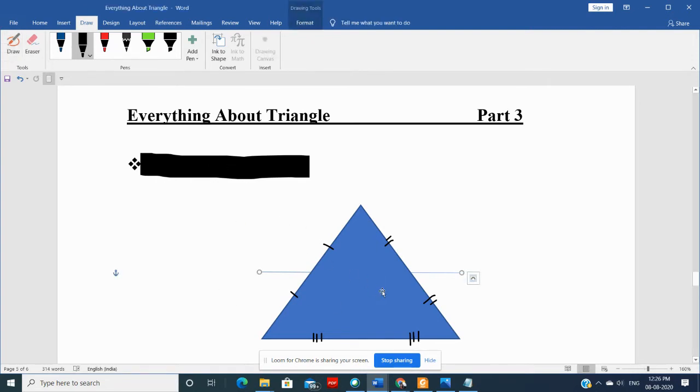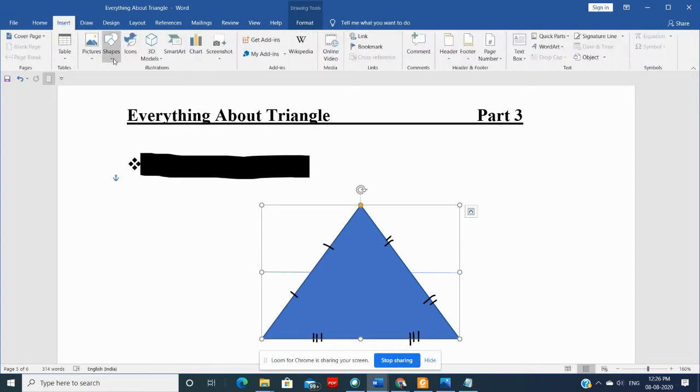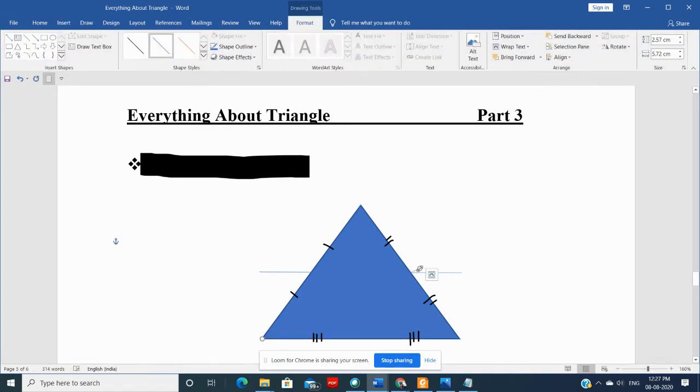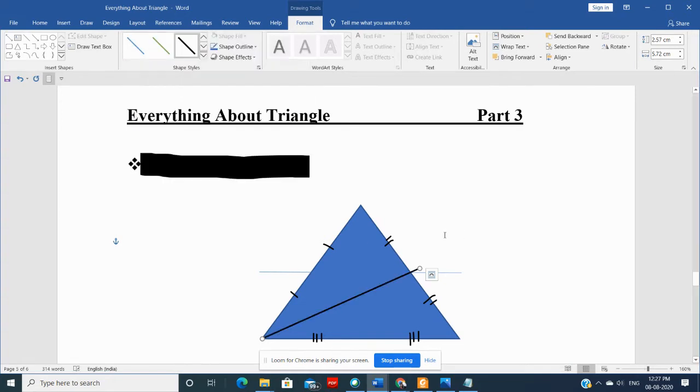Now, if I want to join this, let me draw it. If I take a line segment and from this vertex, I join it here, let me make it dark. Okay, so this is how we can join it. See, from this vertex, I join this midpoint.